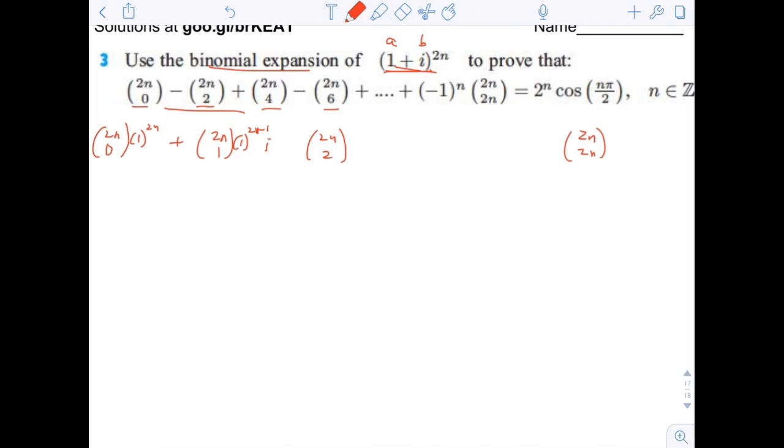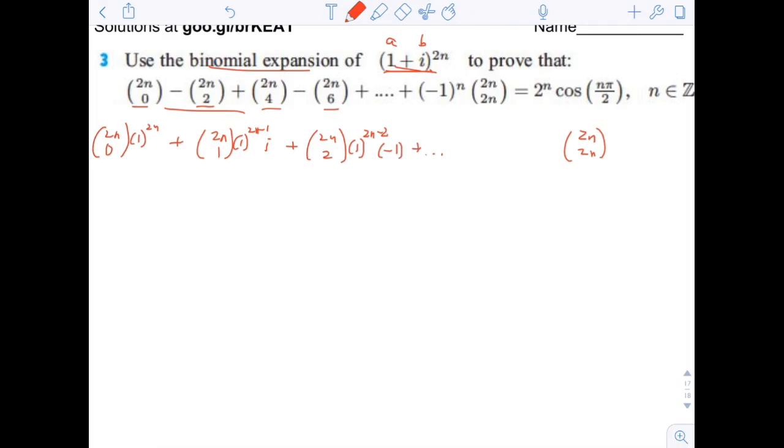And then the third one is going to be times 1 to the 2n minus 2, and i, which is the b factor, squared. And i squared is negative 1, so it's going to be negative 1 here.